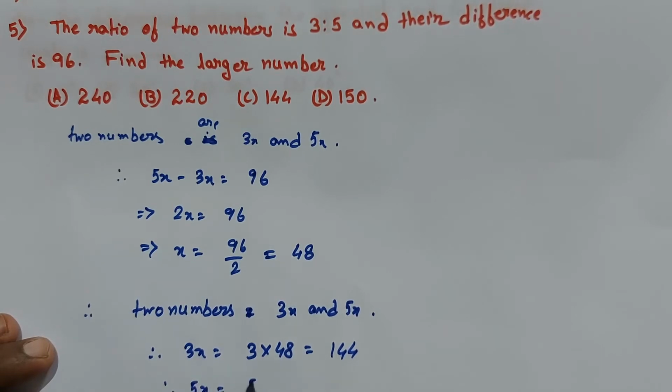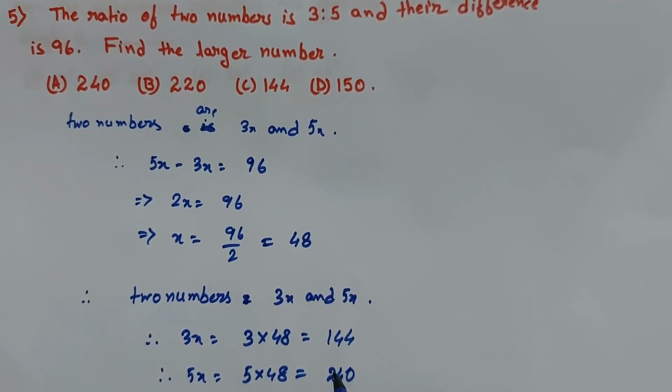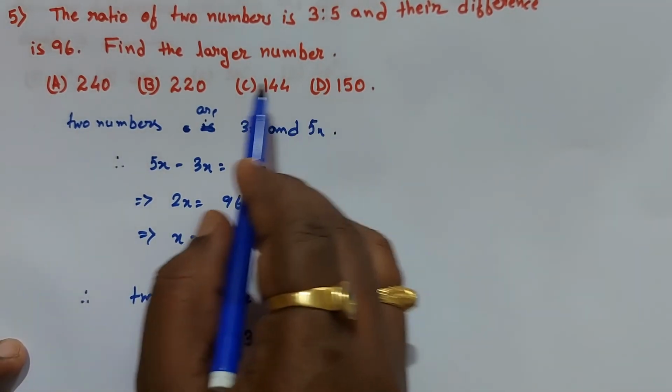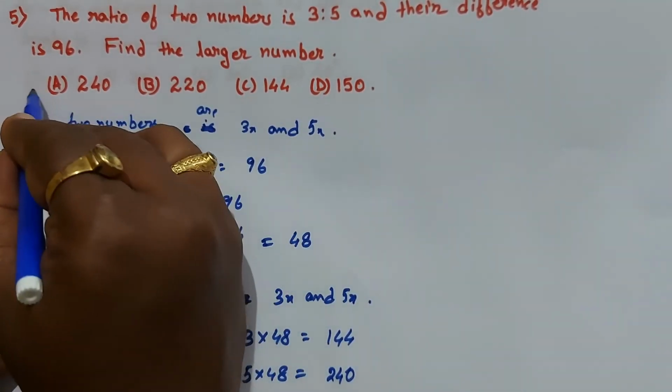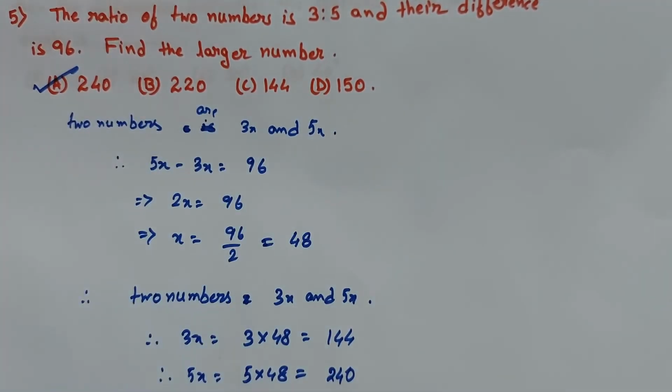Therefore 5x equals 5 into 48, so this equals 240. So obviously 240 is the larger number. So 240 will be our answer. Now let's find out in which option it is. In option A, the 240 is given. So option A will be our correct answer.